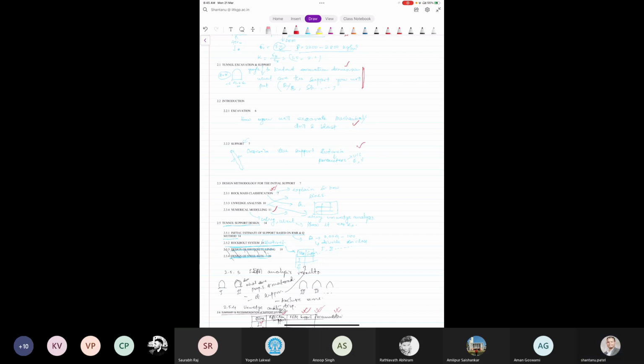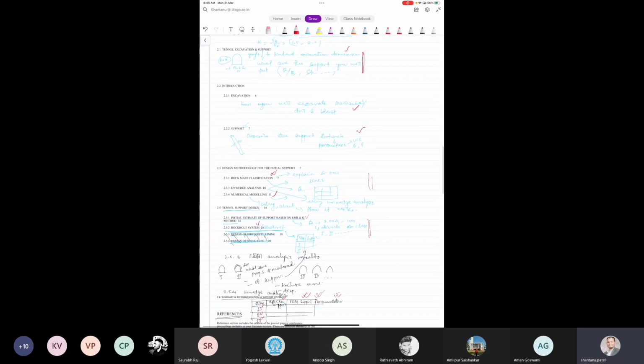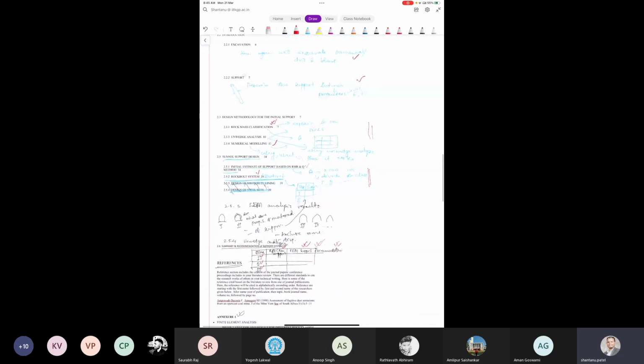So you explain the concept here, and then for your case, give the initial estimation of support based on Q and RMR, and the rock bolt and shotcrete that you need based on your classification system. Then using FEM analysis, validate whether this is adequate or not. If not, what is the new support system that we are going to put?